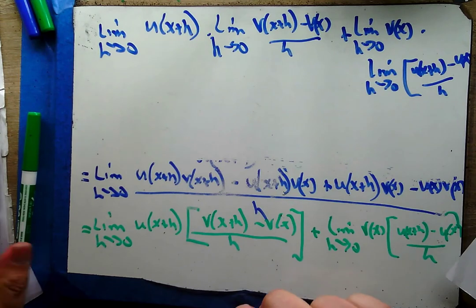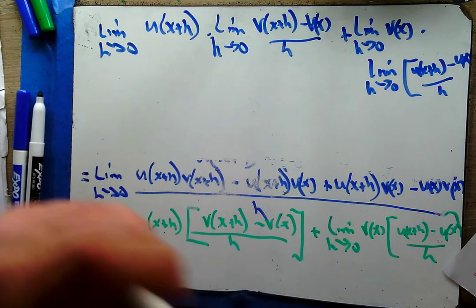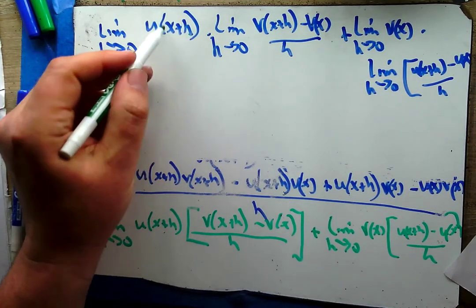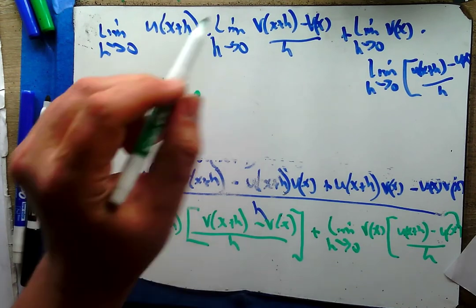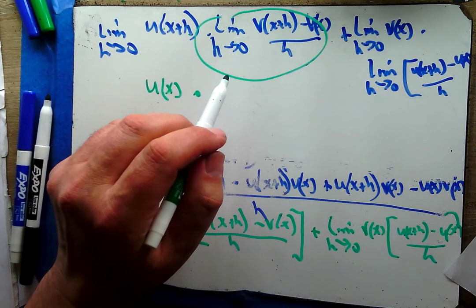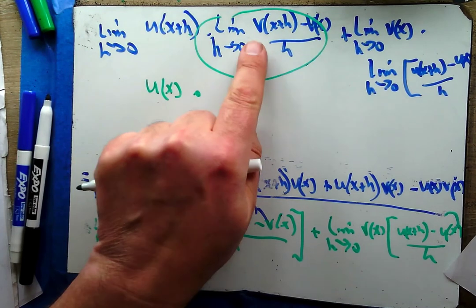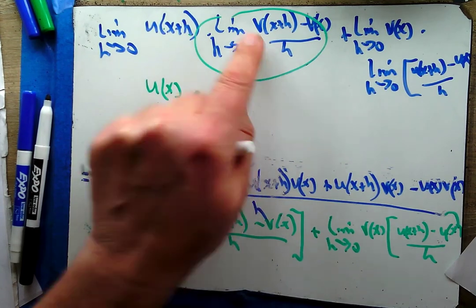All right, so what do we have here? We have an opportunity to do direct substitution. So if I plug in a 0 for h, I get u of x times, what's this? Now see, if you've been paying attention enough in the last few videos, you'd know that this is the limit definition of the derivative of v.